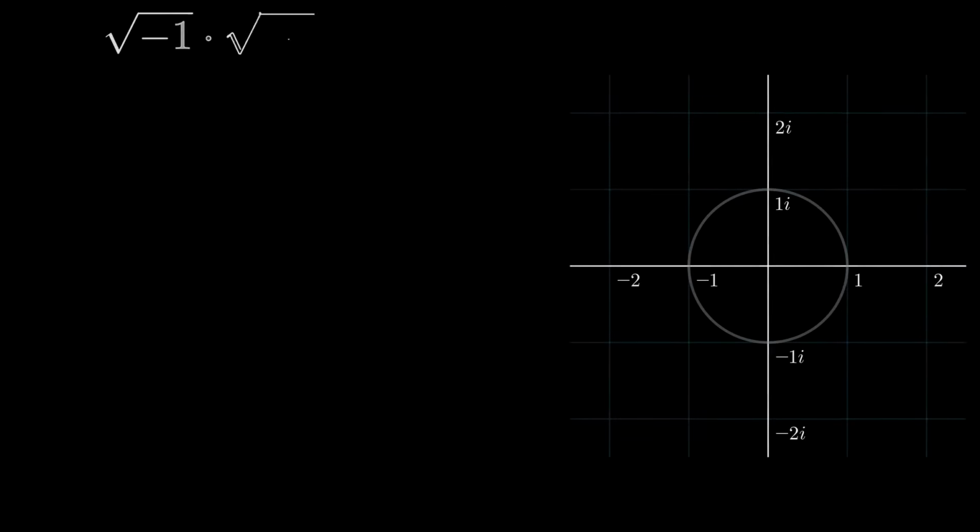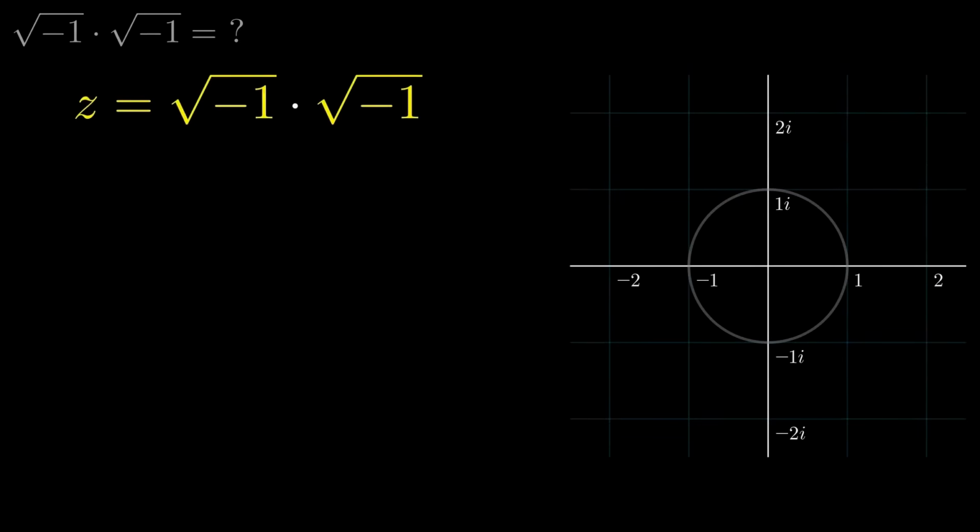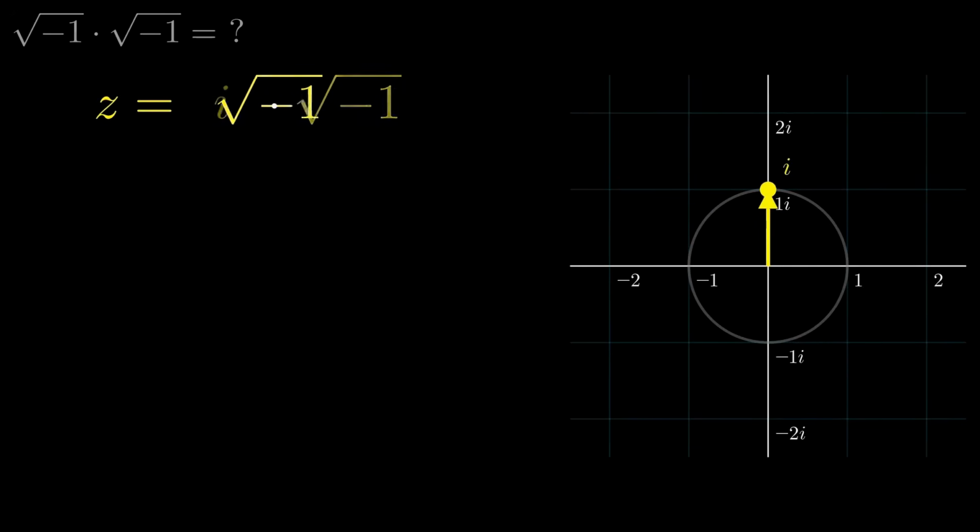Now we finally take the step we've been holding back. What happens if we write square root of negative 1 times square root of negative 1? On the complex plane, negative 1 sits at an angle of pi. Taking the square root does not just change the number, it halves the angle. So square root of negative 1 rotates us halfway to i. That's the first root. Now we multiply by the second one. Multiplying by i adds another 90 degrees.